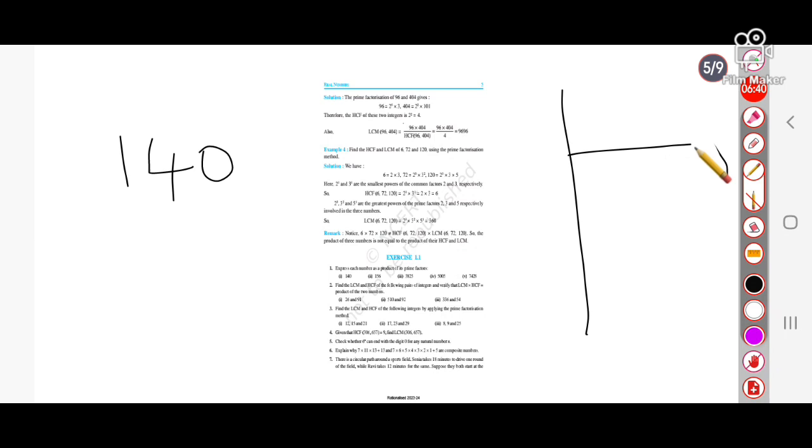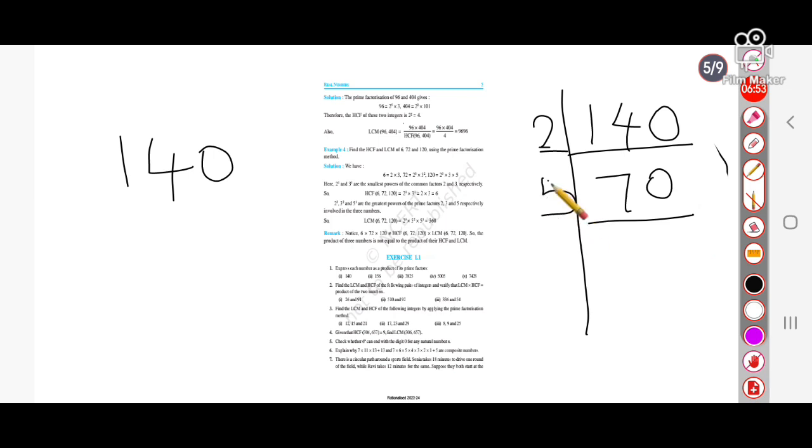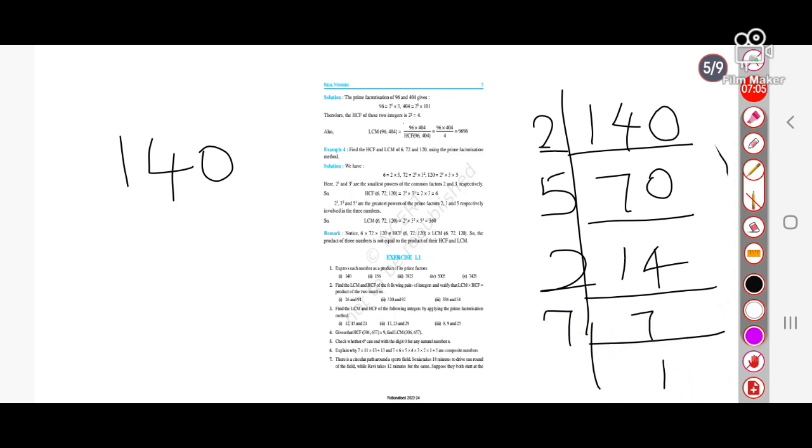Now, 140. First we can move on with 2. It comes as 70. Then 5, which gives 14. Then 2, giving 7. Then 7, giving 1.